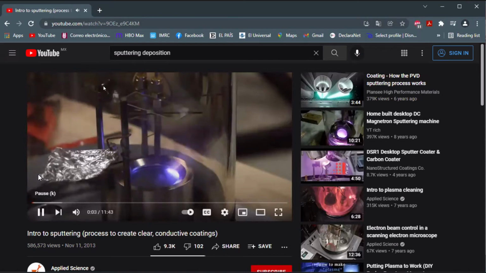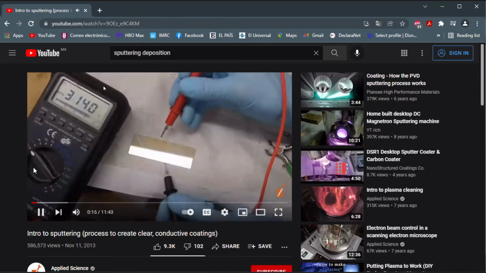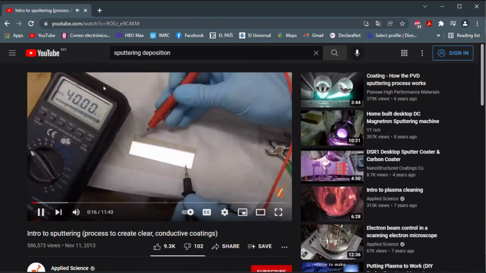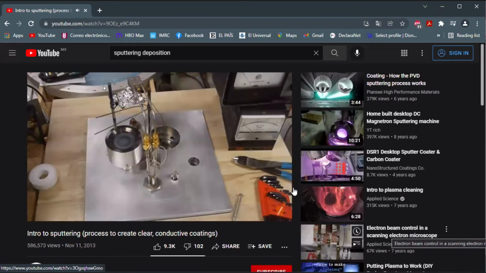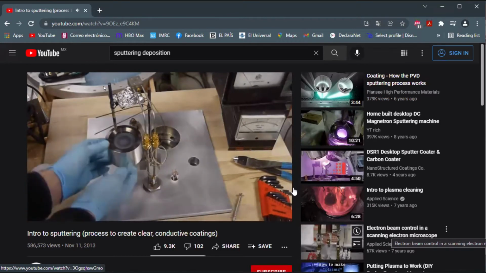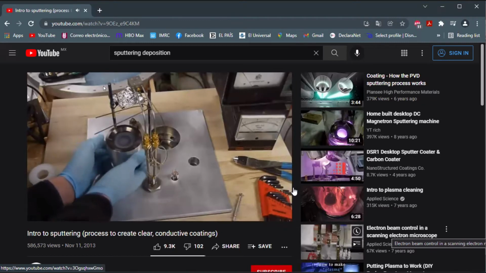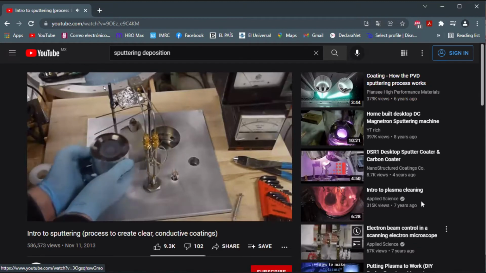Hey everyone, I was finally successful in depositing a clear conductive layer onto a microscope slide. So this will be the basis for a lot of my future experiments in OLEDs and other display technologies. So let me show you how I did it. The device that's actually doing the depositing is called a sputter gun, and I machined mine from basic pieces of metal, and I'm going to unscrew it here like this, and eventually the whole thing just comes off like so.